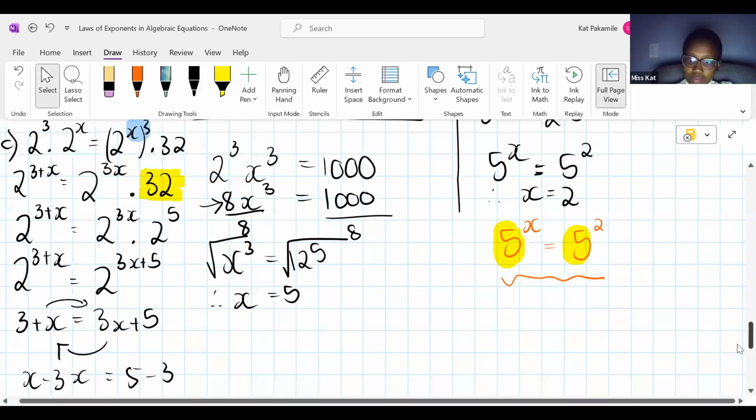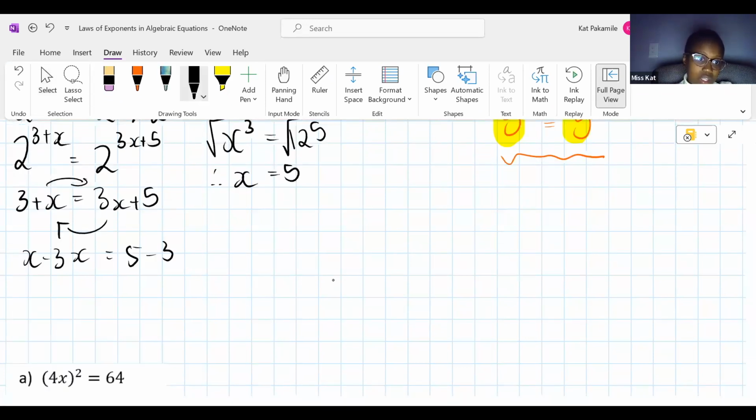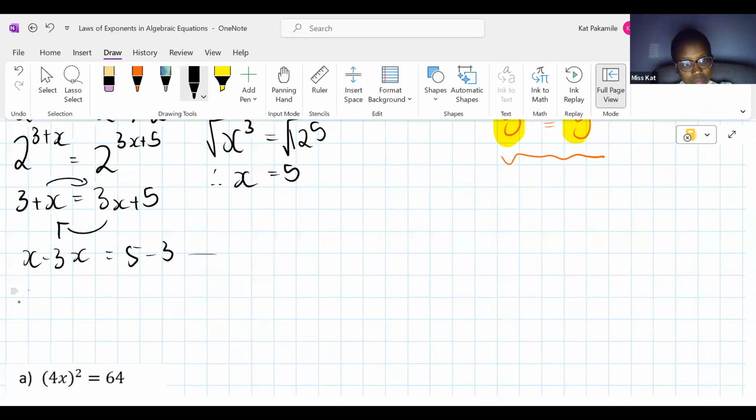Okay, so then you said it's going to be negative 2x. Yes, ma'am. Negative 2x is equals to positive 2. And then now we're going to divide both sides by negative 2. So then x is? X is equals to negative 1.